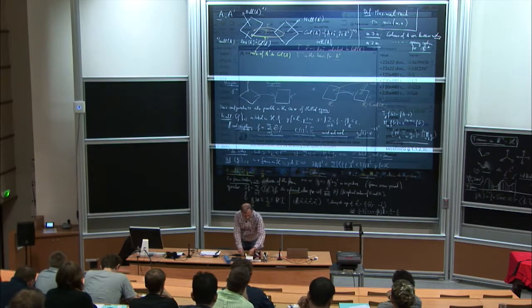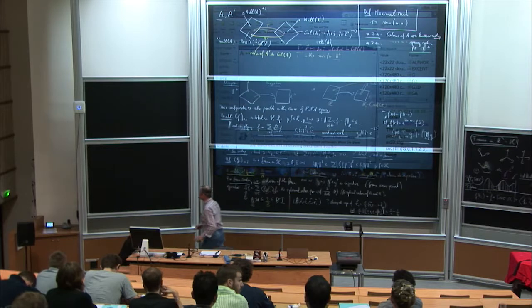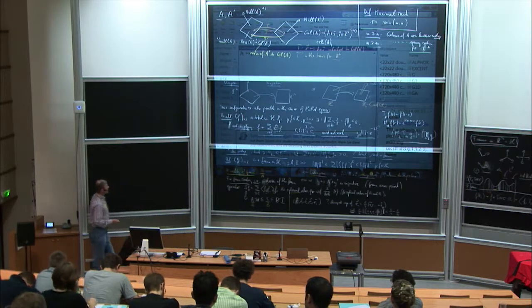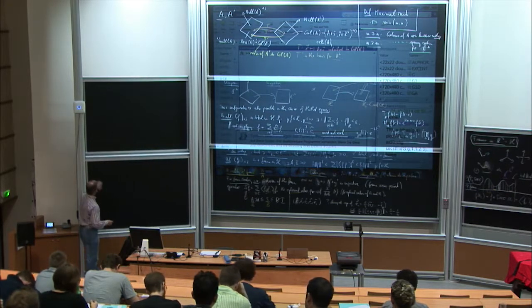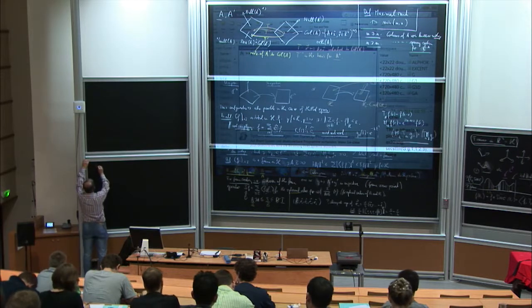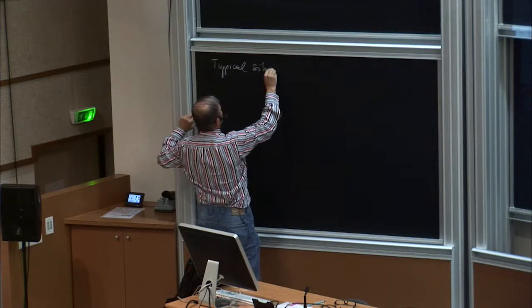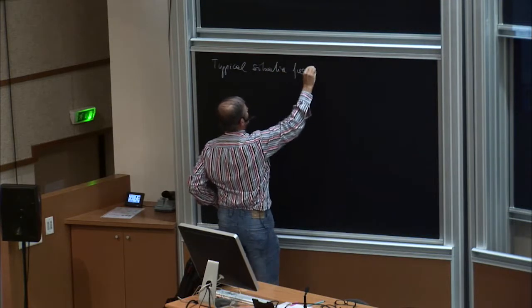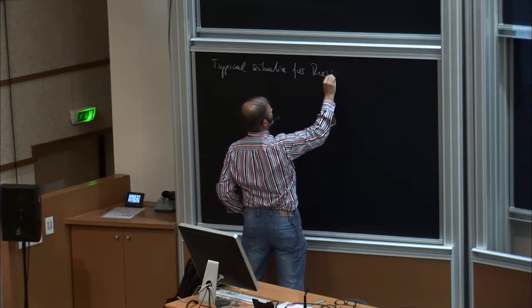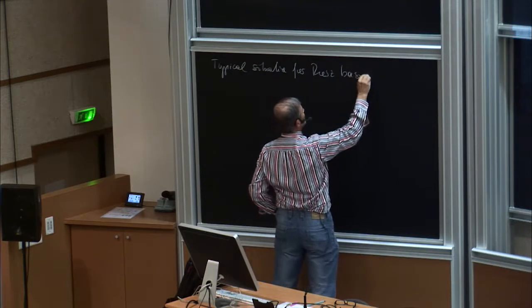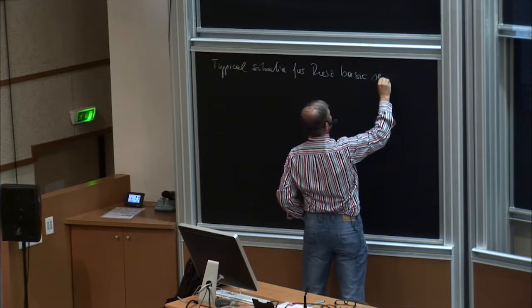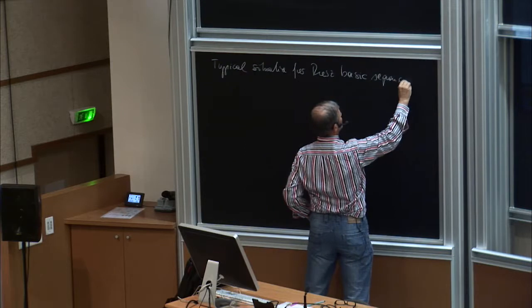I want to tell you another situation. Now I'm switching from frame theory to Riesz spaces. So a typical situation for Riesz sequences, and the modern terminology that came out in the last few years is Riesz basic sequences.